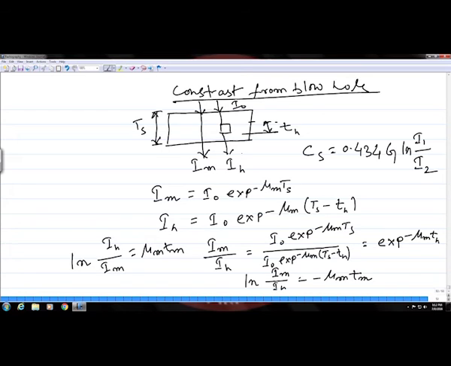So, in this case I 1 is this one, which is coming out from the blowhole, and I 2 is this. Okay.